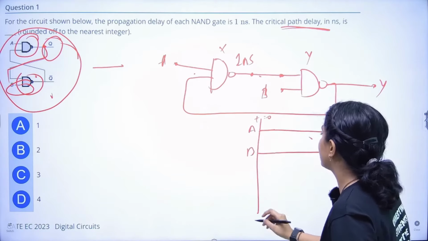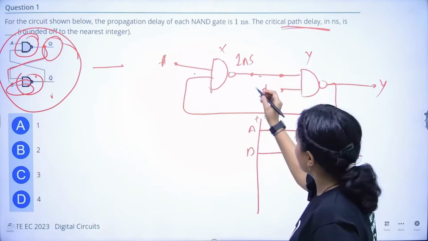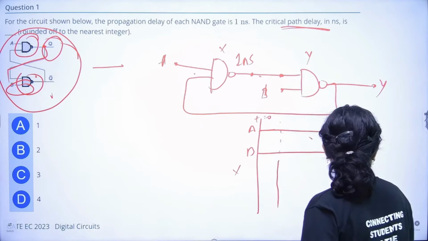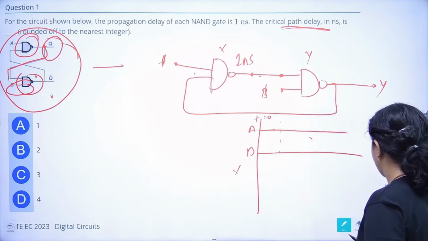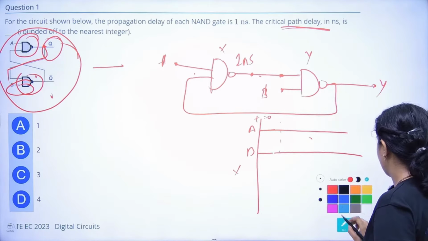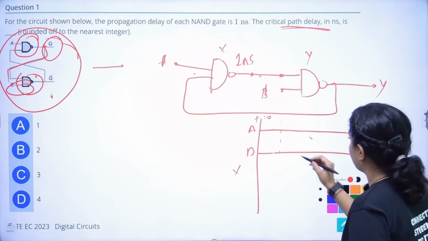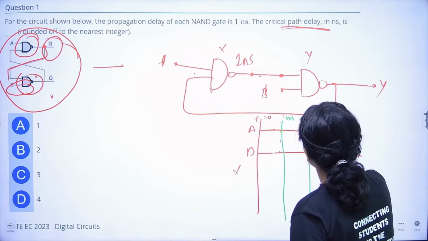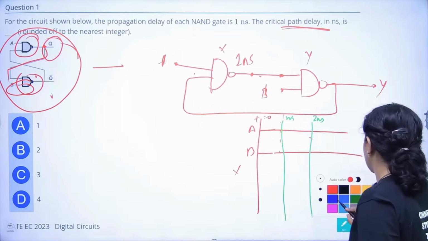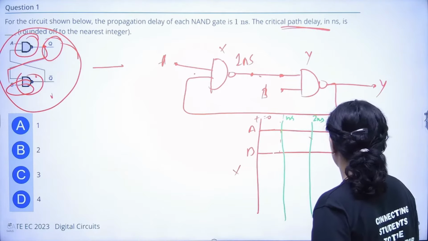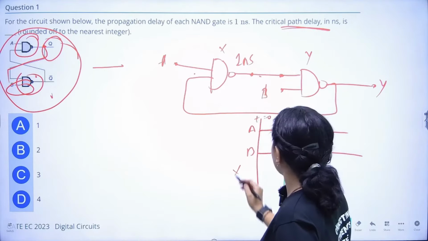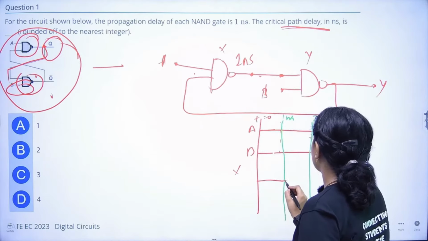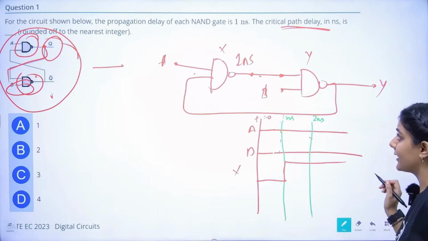This is A, this is B. But after 1 nanosecond, this gate X is operated. Right, let me draw it. This is 1 nanosecond, this is 1 nanosecond, this is 2 nanoseconds. And this gate X is operated, and the resultant output we will be getting after 1 nanosecond.